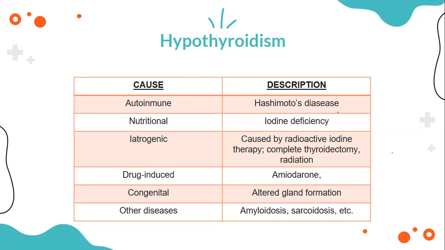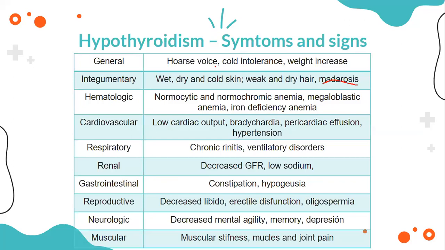Okay, so here we have normocytic and normochromic anemia. Does anybody know why this person would have this kind of anemia? Valeria?